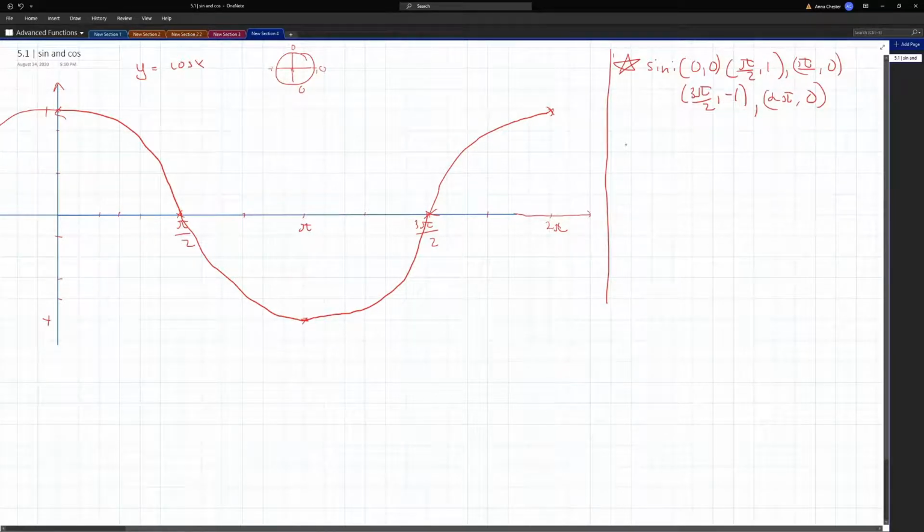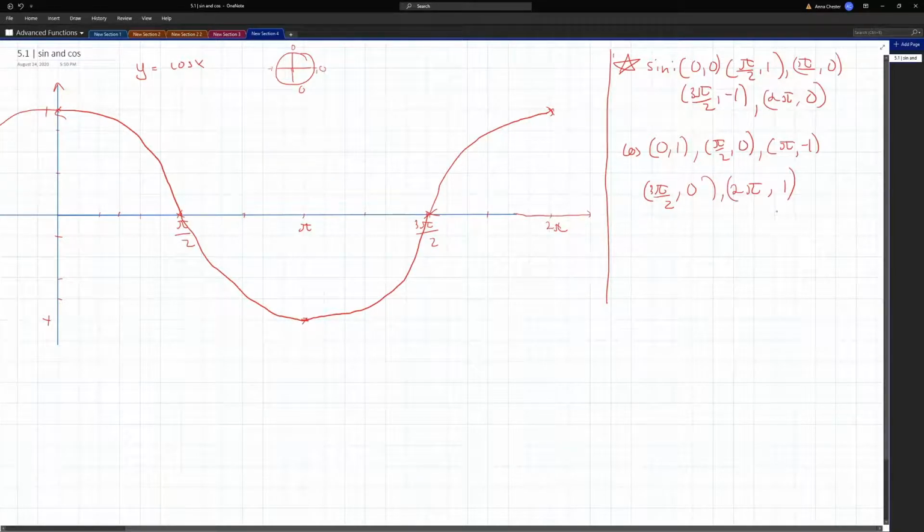For cosine, or let's just write cos, we would have (0, 1), (pi over 2, 0), (pi, negative 1), (3 pi over 2, 0), and then (2 pi, 1). That was a really weird way to write it.